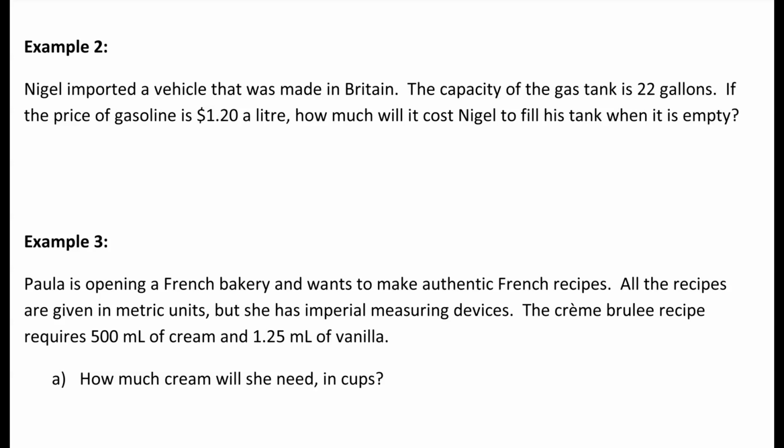If the price of gasoline is $1.20 a liter, how much will it cost Nigel to fill his tank when it is completely empty? So what we want to think about or look back to is, what is our conversion for British Imperial into liters?